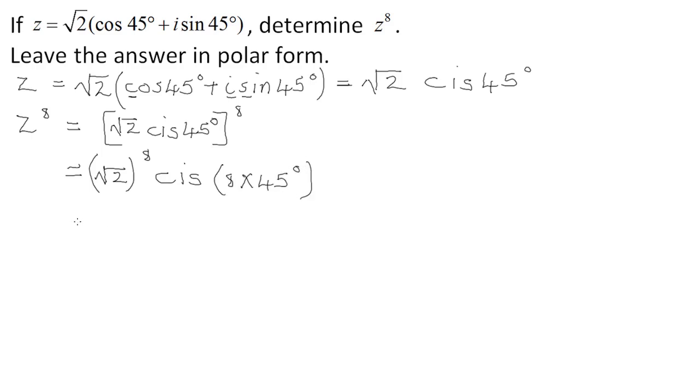If you use your calculator, square root of 2 to the power 8 is 2 to the power 4, which will give me 16, because 8 times 45 gives me 360 degrees. And that is your answer.